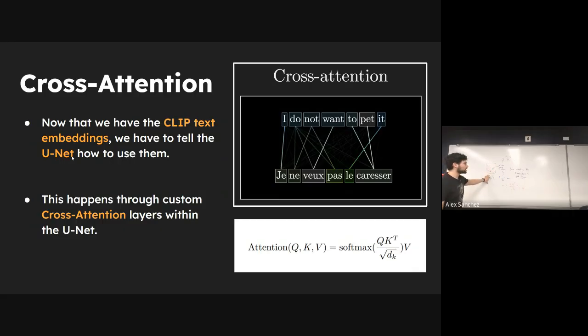But that is the logic behind why we need cross-attention. And what we do is we implement these cross-attention blocks throughout our UNet. So remember, our UNet was here, and at this level it's like this and whatever. So it goes through this part, and then it goes back up.